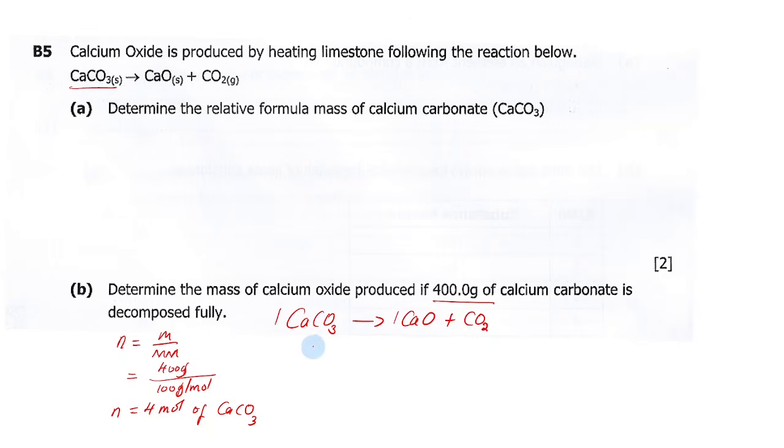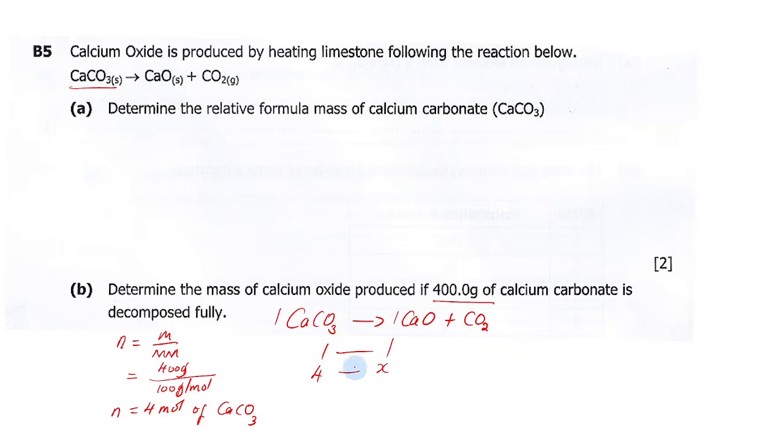So stoichiometrically, if you have 1 mole of calcium carbonate decomposing, it produces 1 mole of calcium oxide. Now I'm given 400, which is 4 moles of calcium carbonate. So how about if I'm given 4 moles? How much am I going to find for calcium oxide?